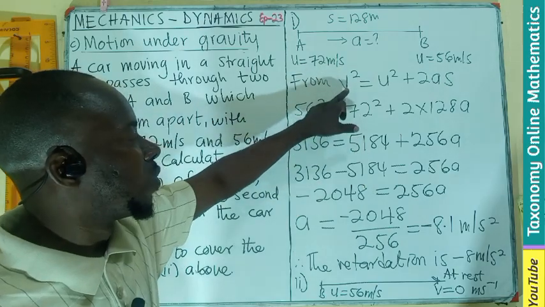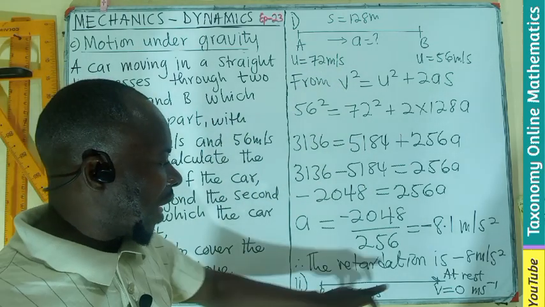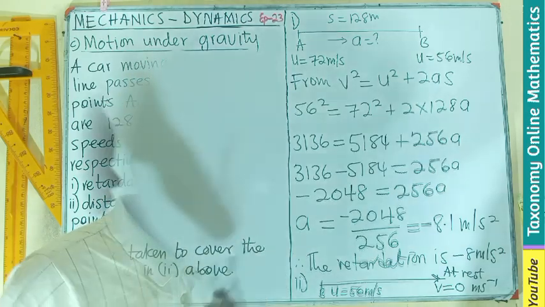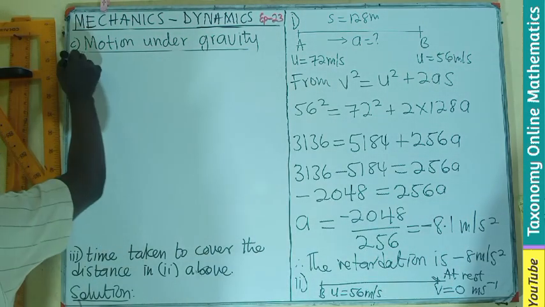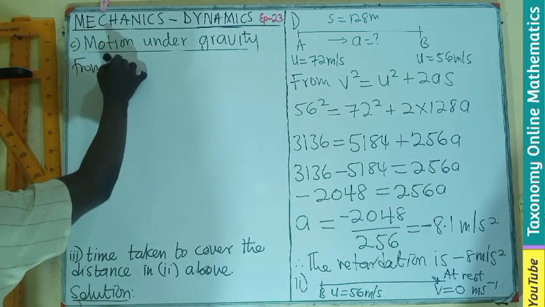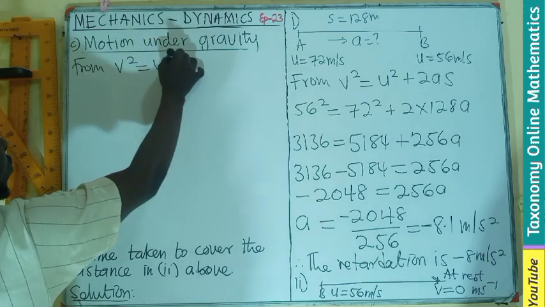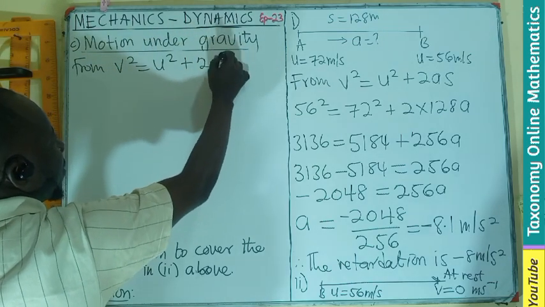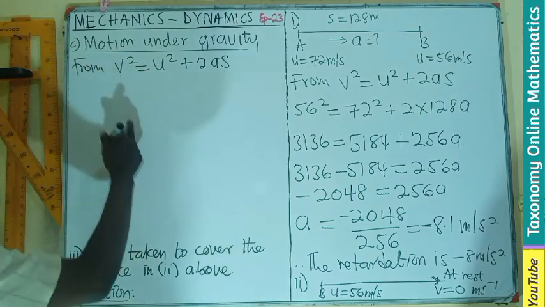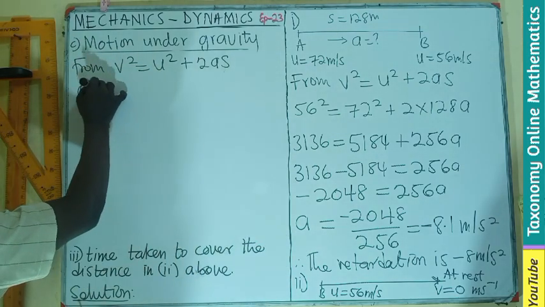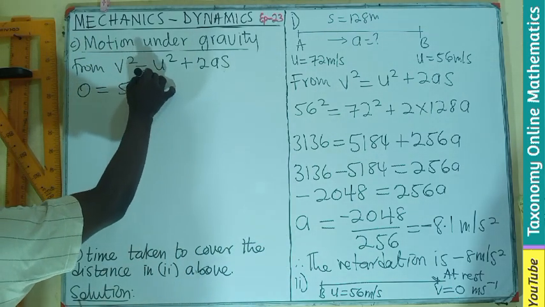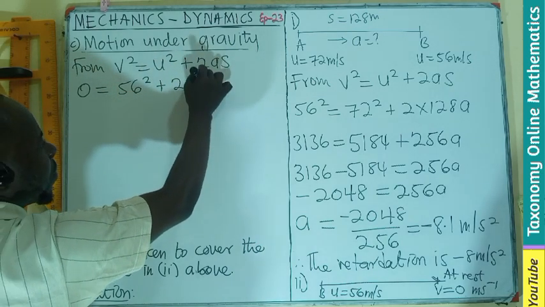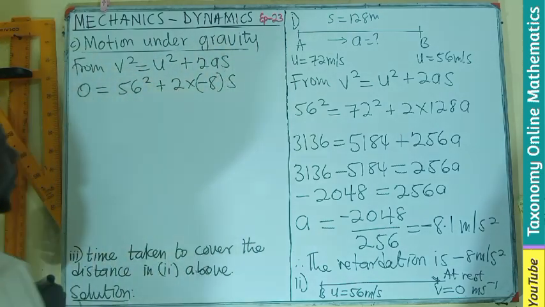We can still use v squared equals u squared plus 2as. The final velocity is 0, the initial is 56 squared, 2 times negative 8, then the s will come.